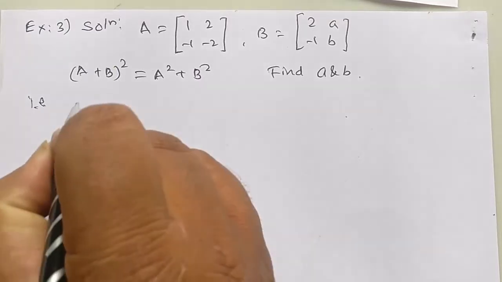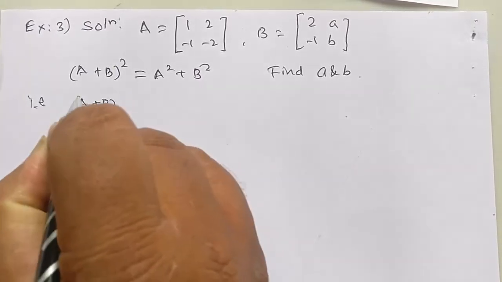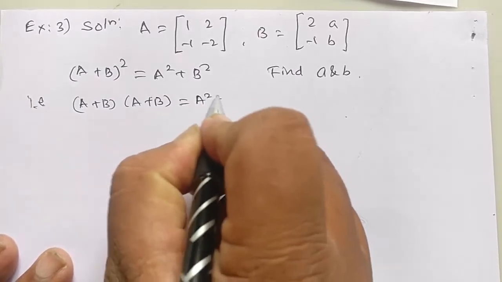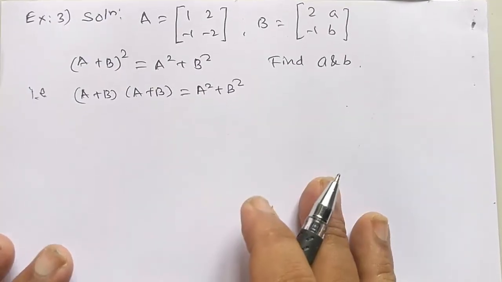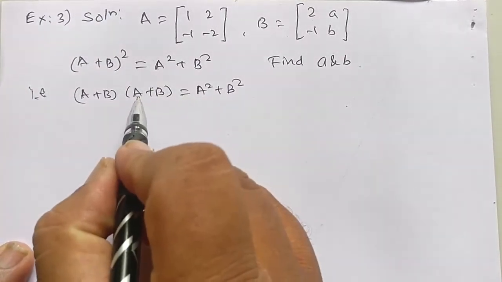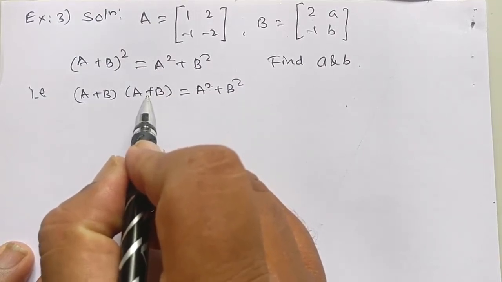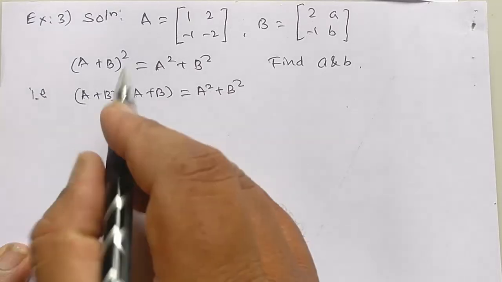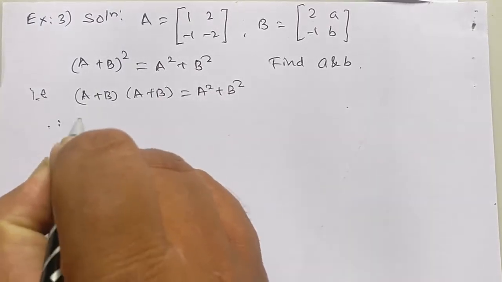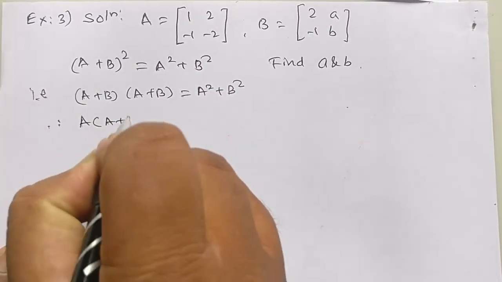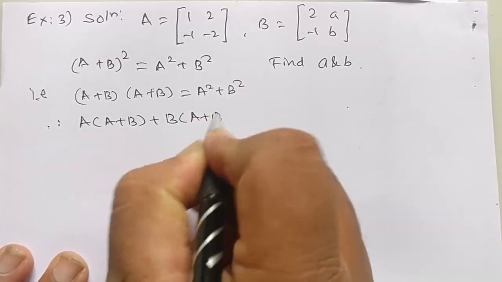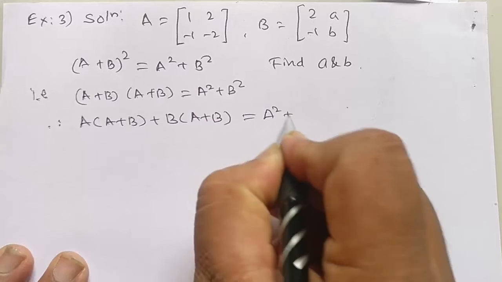That is, (A plus B) whole square is (A plus B) into (A plus B), equal to A square plus B square. Now we multiply, that is, (A plus B) is post-multiplied to every term of the bracket. Therefore A into (A plus B) into (A plus B) is equal to A square plus B square.